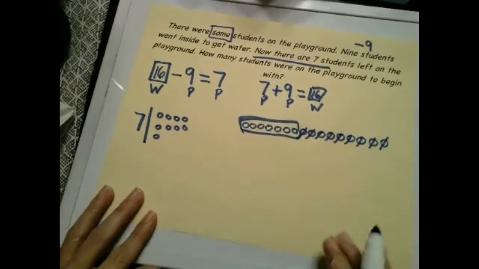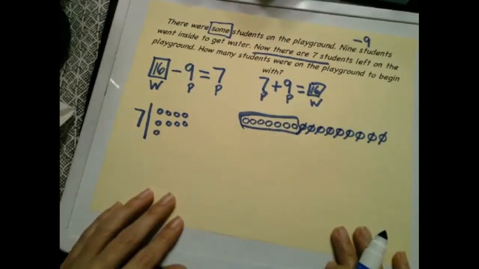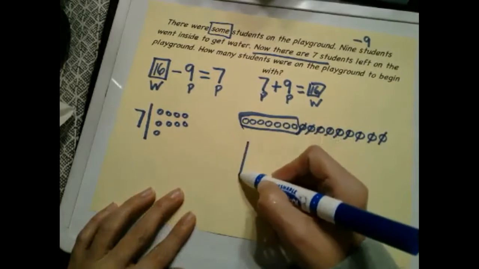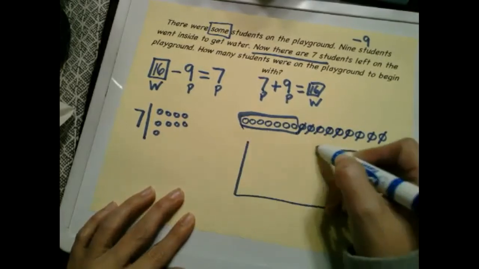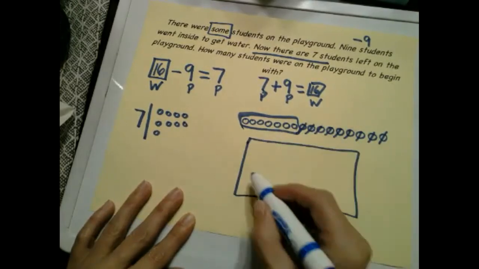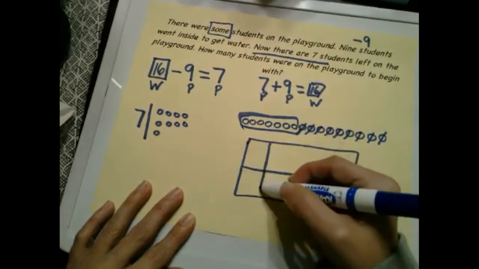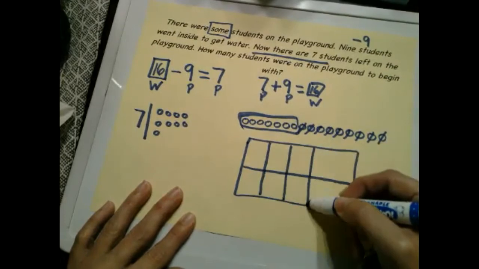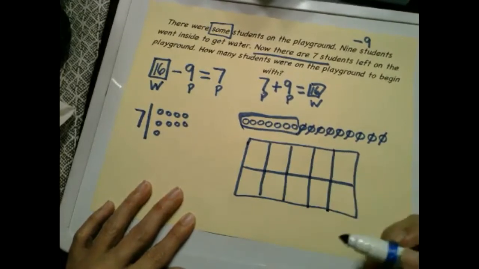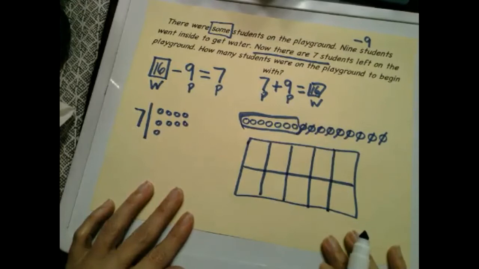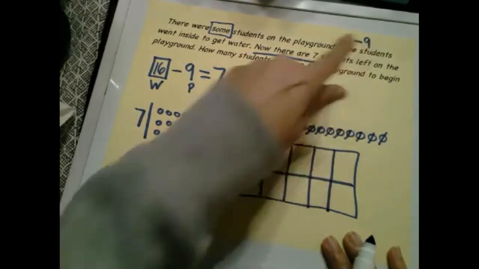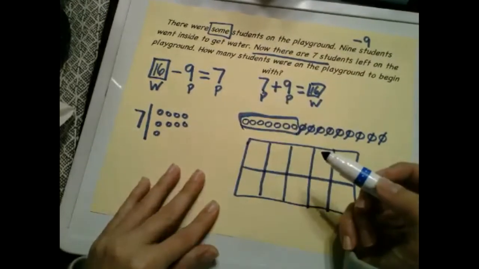Another model that you could have used could be a 10 frame. We start with our rectangle. We draw a line and slice it, and then 4 lines down. Now, I know one part is 9, so I'm going to go ahead and draw my 9.